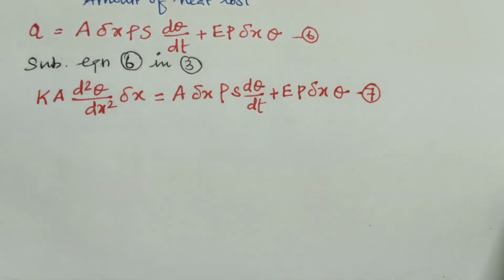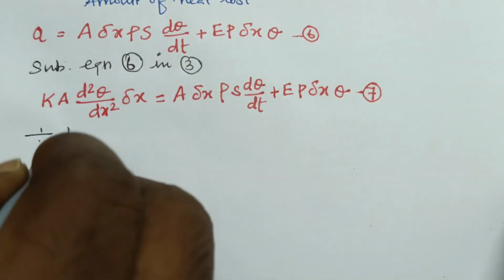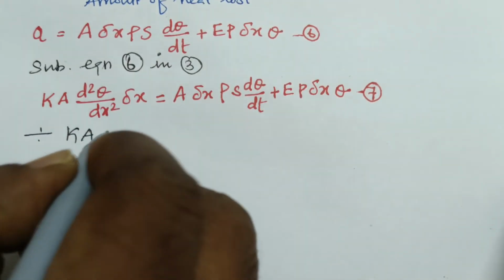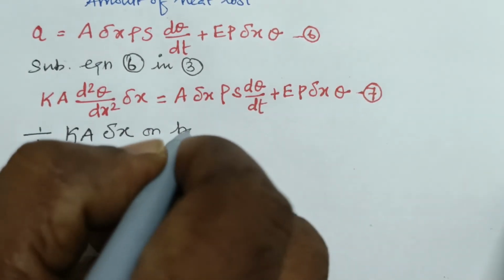Now dividing by K A del x on both sides.